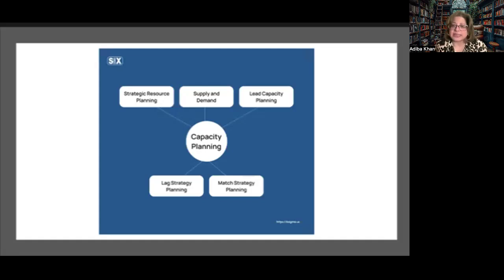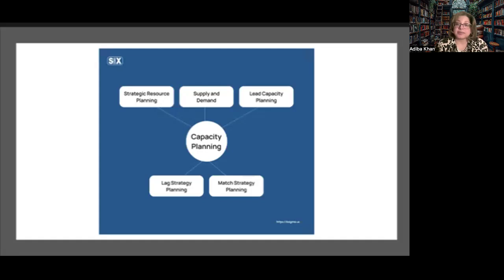So there are a couple of capacity planning strategies that we would have to consider. That includes level capacity. Level capacity is a strategy where you maintain a consistent output rate and build inventory during slow periods so that you can meet those peak demands. The second strategy you could consider would be a chase capacity strategy.